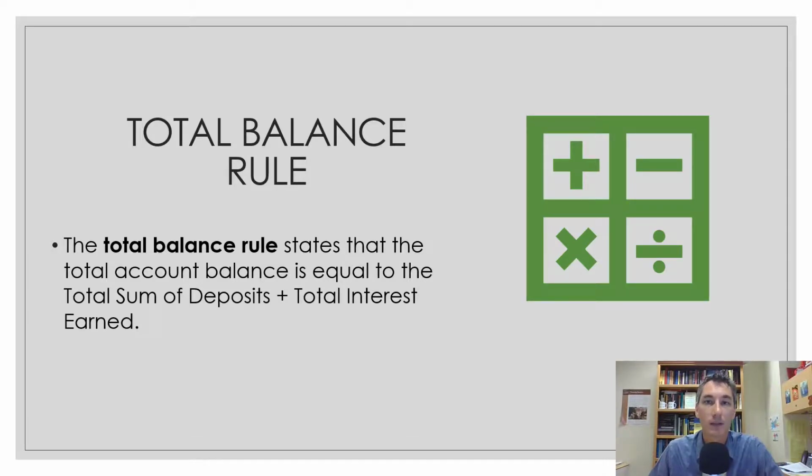If you knew the balance, you could know how many deposits were made, and then subtracting could give you the interest, or you can add the interest and the deposits to get the balance. This rule will show up again when we start talking about loans later on, but it's an important idea that this plus this equals that.